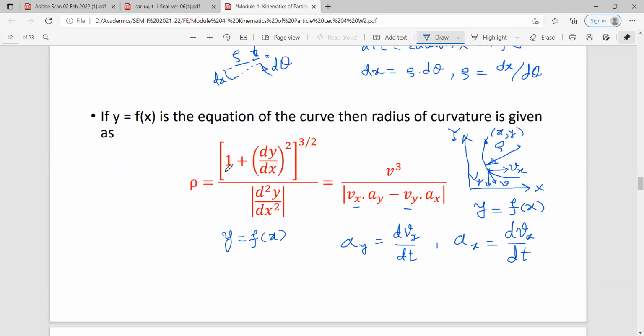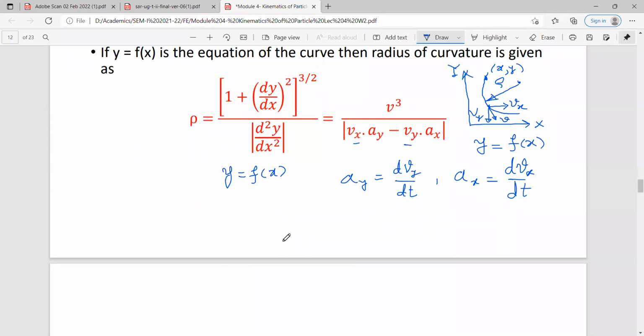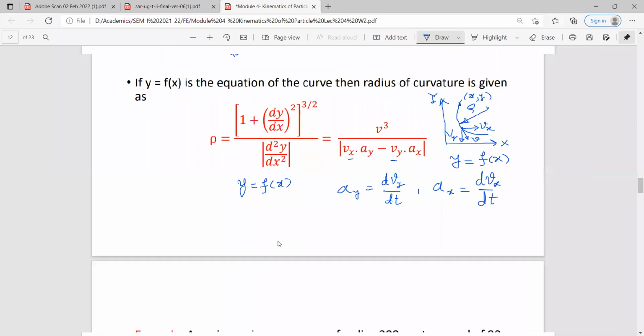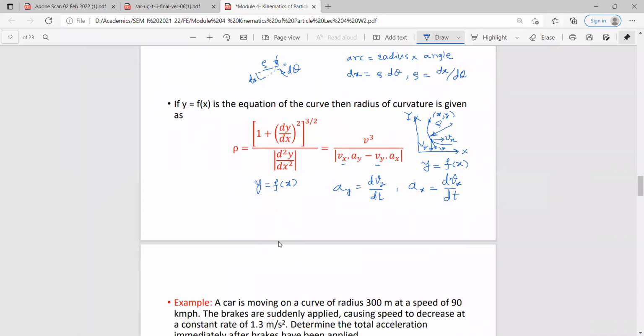It is given in two forms, the dy by dx form. This formula will be used when y is given as a function of x. So in our case, is it so? Is y mentioned as a function of x? No, it is not given like that.